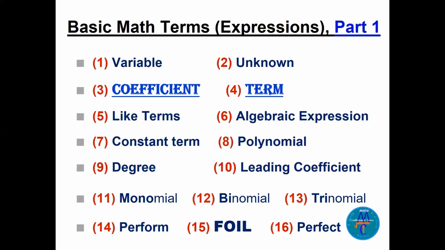Some of them are easier than others. So like variable, unknown, coefficient and term, like terms, algebraic expression, constant term, polynomial, degree, leading coefficient, monomial, binomial, trinomial, perform, that comes in the questions, FOIL, this is a method, and perfect. We come to perfect squared.